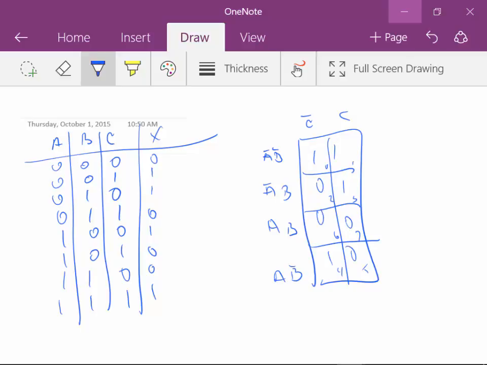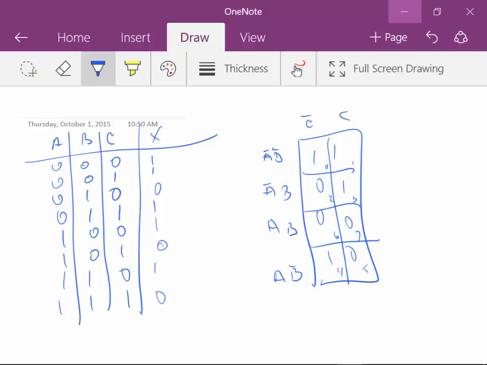That doesn't match this right here with 1, 1, 0, 1, 6 is a 1, 7 is a 0, 4 is a 1, 5 is a 0. Okay, so I changed the example so that the example makes some sense.